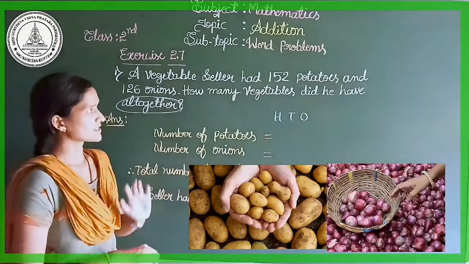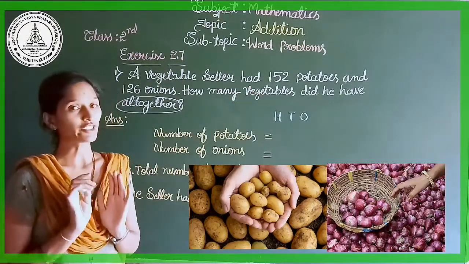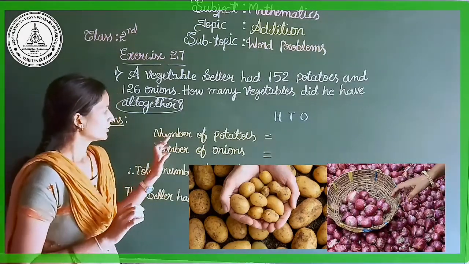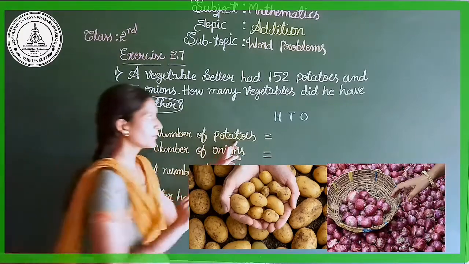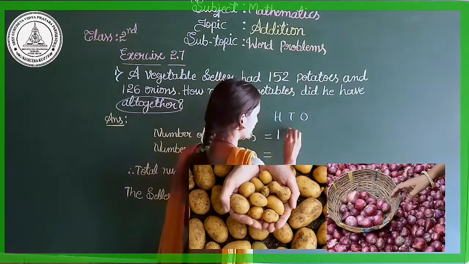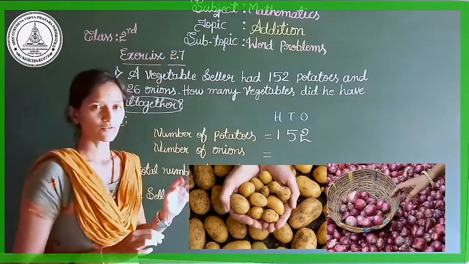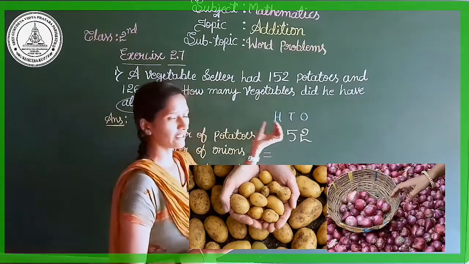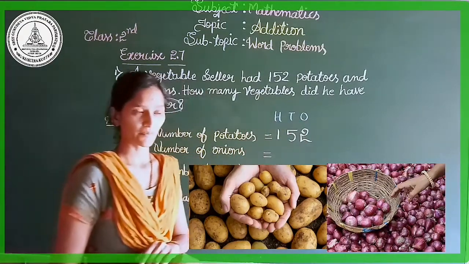Okay. So first, how many potatoes are there? 152 potatoes are there. So I am writing here the number of potatoes. So we are solving the problem. First you have to write down the numbers under the columns of ones, tens and hundreds, because we have 3-digit numbers here.